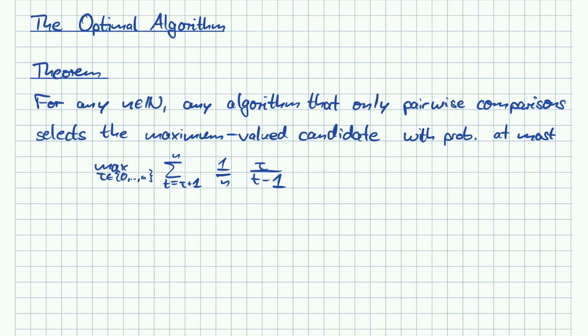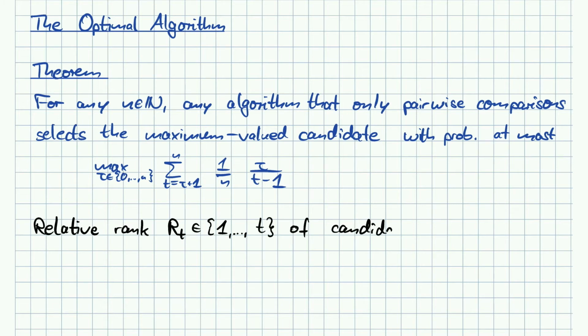What do I mean by relative ranks? The relative rank R_t will be some integer between 1 and t. This is the relative rank of the candidate arriving in step t. And this is defined how?